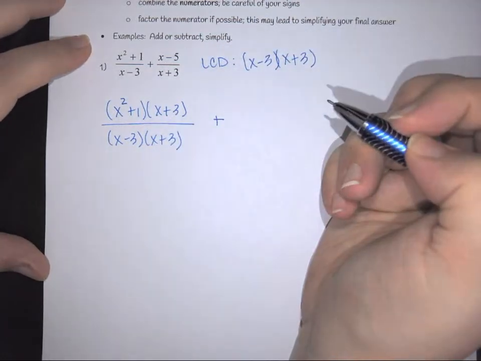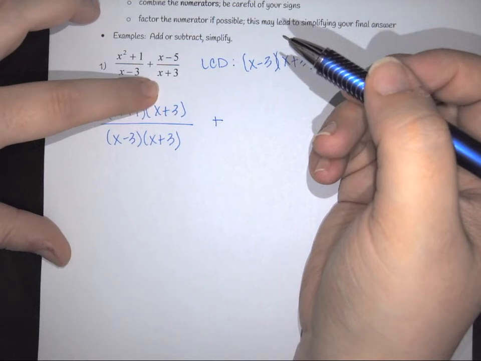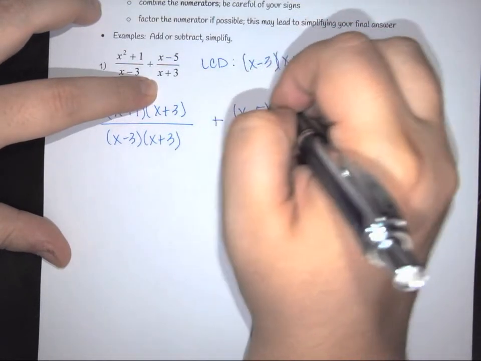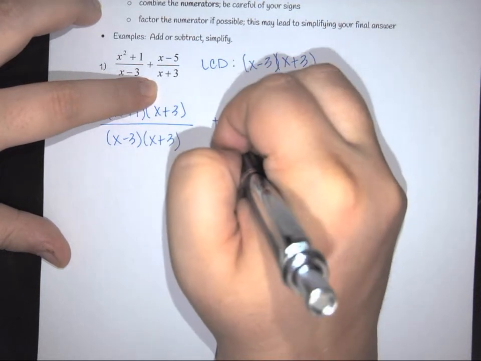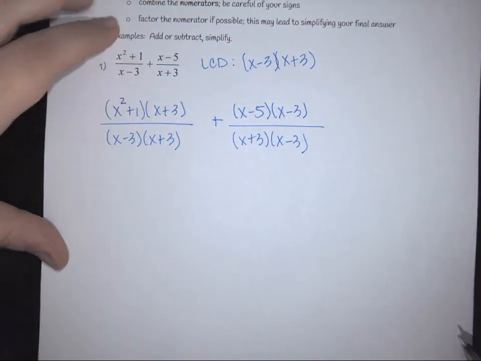And I have to add that to my other. In the other, I already have the x plus 3 on the bottom. So my top is going to be the x minus 5 times x minus 3, which makes my denominator the x plus 3 times x minus 3.